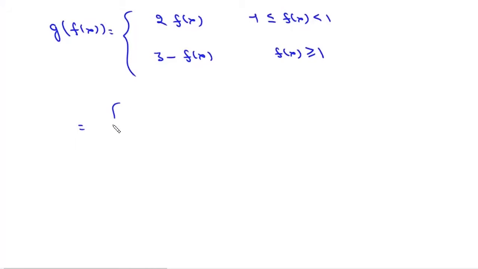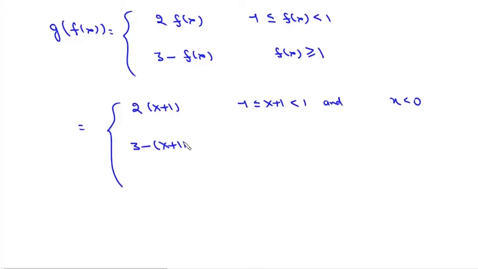We write this as 2 times (x plus 1) when x plus 1 lies between minus 1 and 1, and the condition with that definition is x is less than 0. And here it will be 3 minus (x plus 1) when x plus 1 is greater than or equal to 1, and here the condition is x is less than 0.